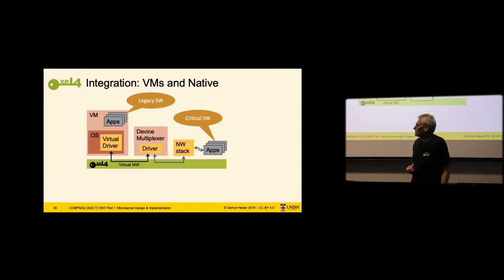And of course, once you have your microkernel as a hypervisor, you can easily combine the two worlds, right? You can have stuff running in virtual machines and stuff running natively side by side. And that's a great way to enable legacy support.